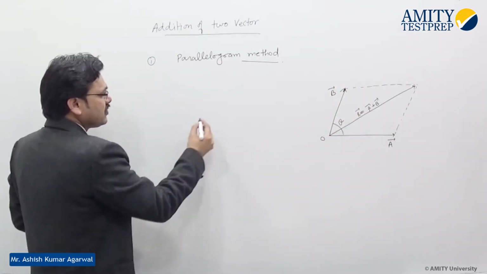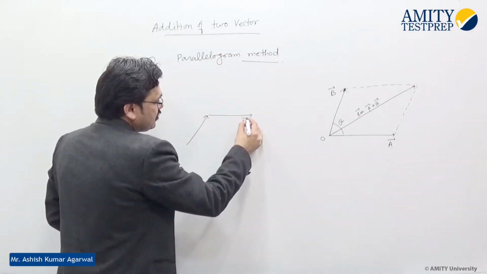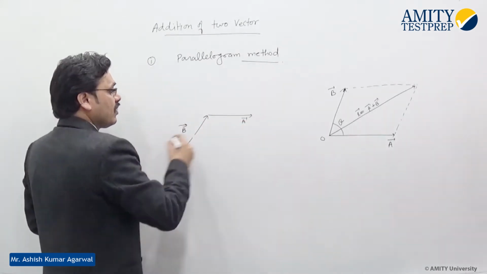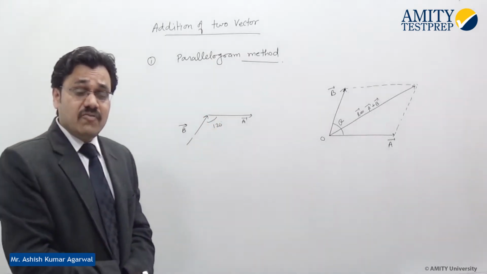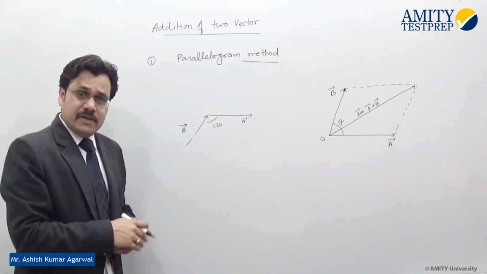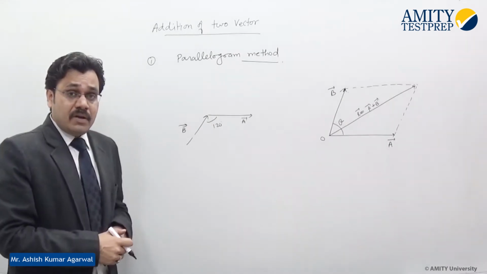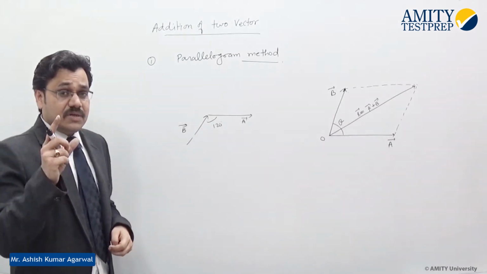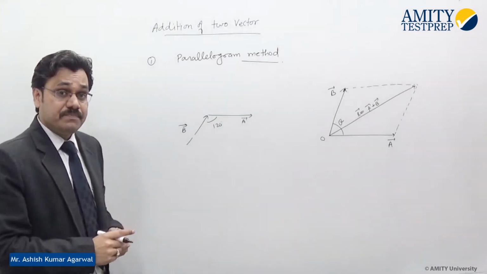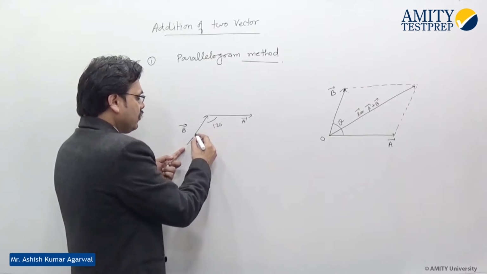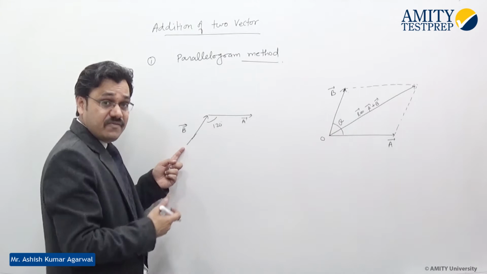Here I just want to discuss, let this be the case, vector A and vector B, and this angle is 120 degrees. If I ask what is the angle between vector A and vector B, it is worth noting, as I've already told you, that if you want to find the angle between two vectors, you have to make them co-initial. So you have to shift this B vector to the O point, starting from the O point.